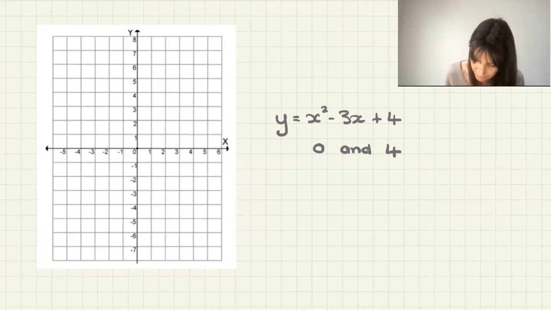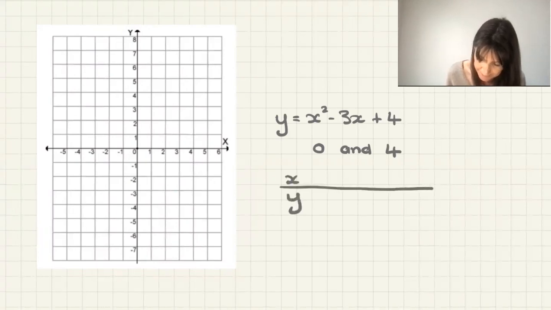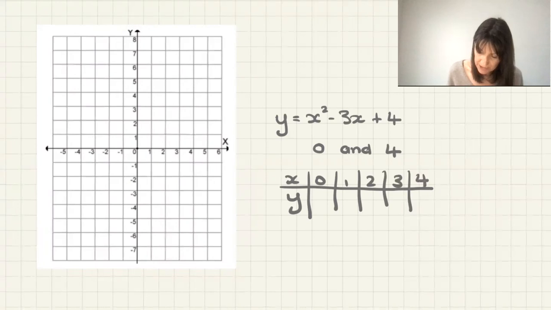Okay, so we have got x, y, 0, 1, 2, 3, and 4. So the rule, there's a lot going on, isn't there? We've got our x squared, which is x times x, take away 3 times x, and then plus 4.